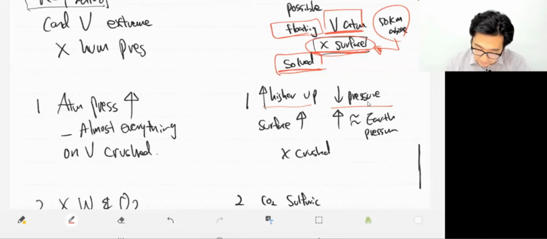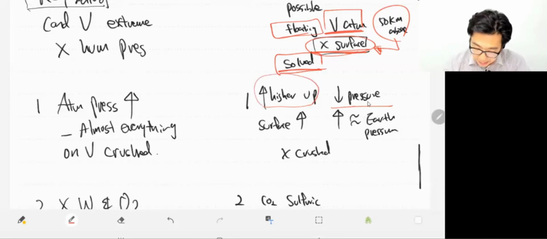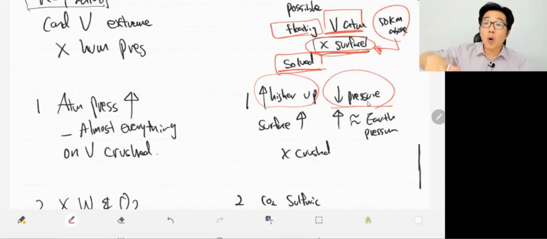So it said that higher up in the atmosphere, the atmospheric pressure is a lot lower.